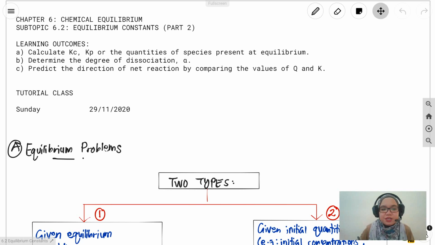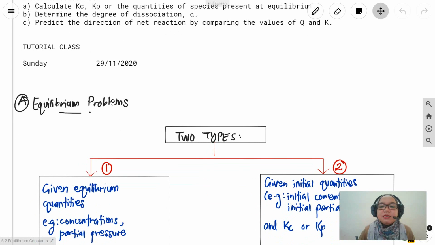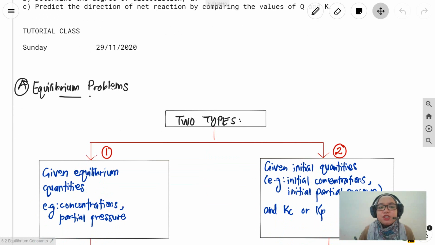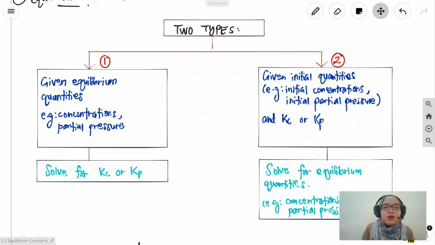Bismillahirrahmanirrahim. In chemical equilibrium questions, there are usually two types of equilibrium problems. The first one is where it gives the equilibrium quantities such as concentration and partial pressure for us to solve for the Kc and Kp.